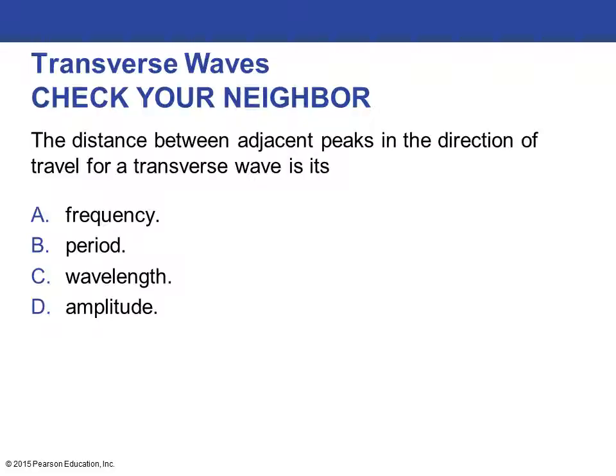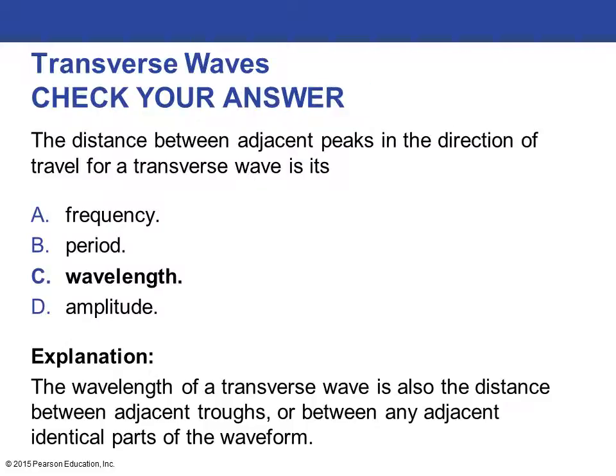Let's do a review question. The distance between adjacent peaks in the direction of travel for a transverse wave is the frequency, the period, the wavelength, or the amplitude. The answer is the wavelength. The wavelength of a transverse wave is also called the distance between adjacent troughs, or between any adjacent identical parts of the waveform.